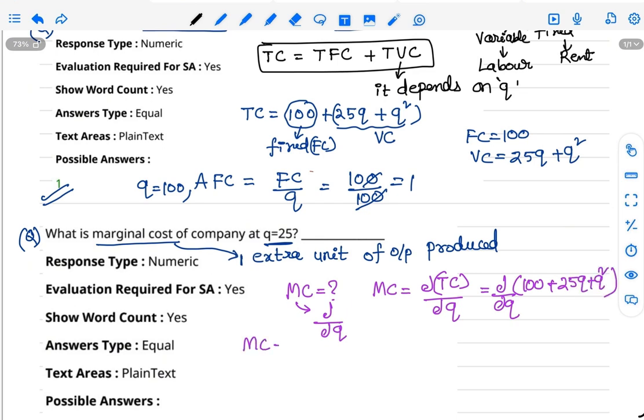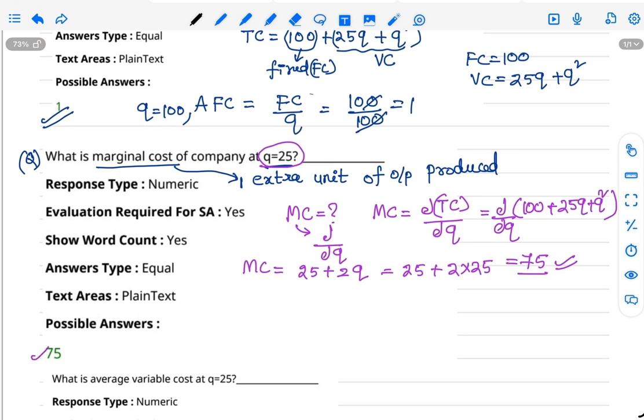So the marginal cost equals 0 for the constant 100, plus 25 plus 2Q. At given Q equal to 25, 25 plus 2 times 25 equals 75. This is the answer. The answer for this question, 75, is correct.